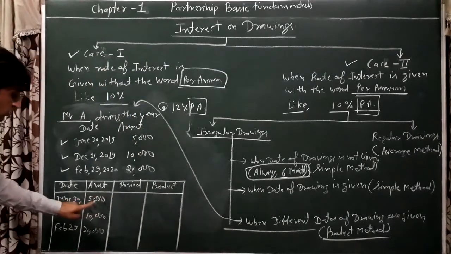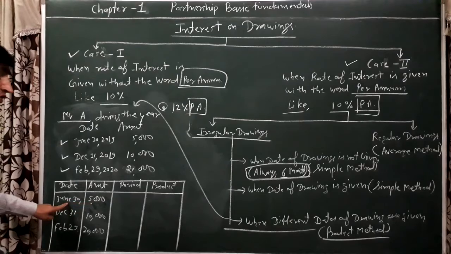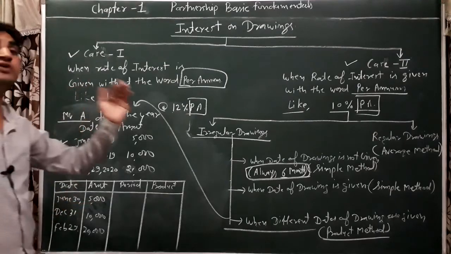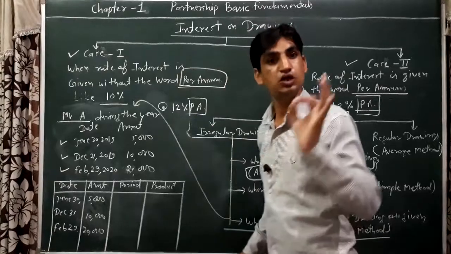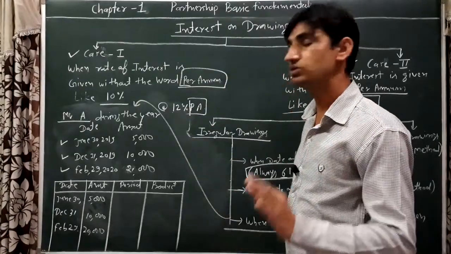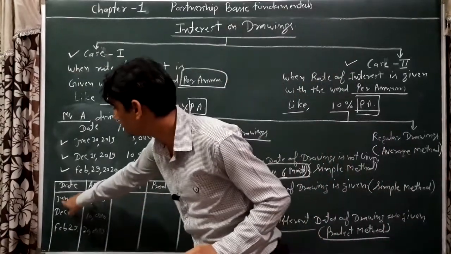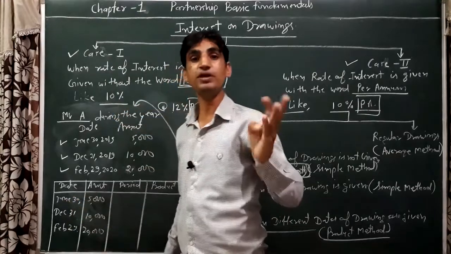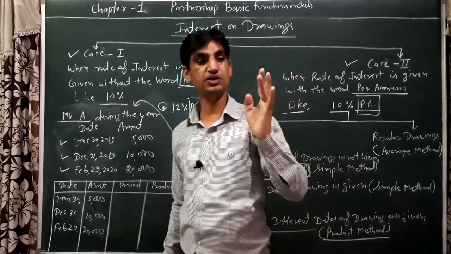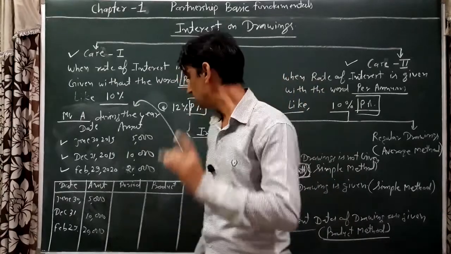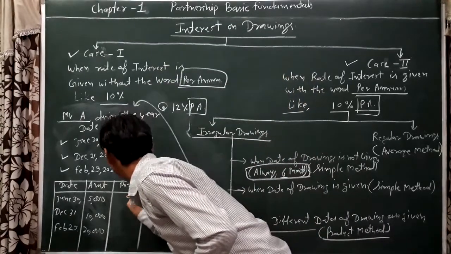Rupees 5,000 is used by the partner from June to 31st March 2020. Our closing date of the session will be 31st March 2020, and the drawing was made on June 30. June is over. July, August, September, October, November, December, January, February, and March. The amount is used for 9 months.